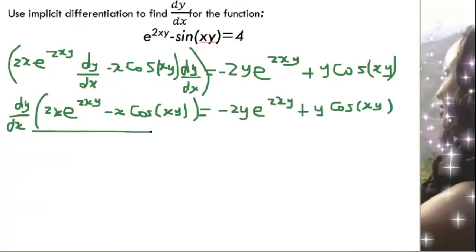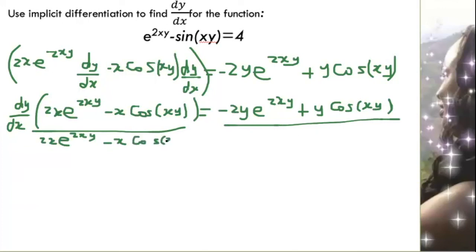Then we're going to divide both sides by 2x e to the 2xy minus x cos xy, so that we can get rid of this expression on the left.